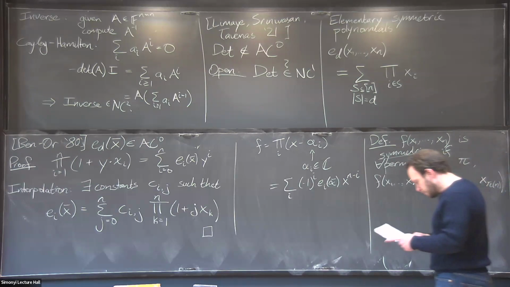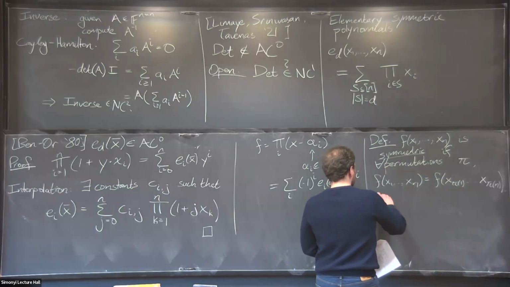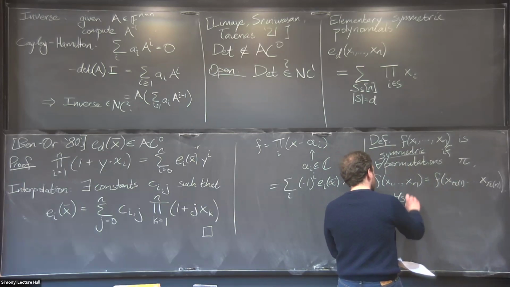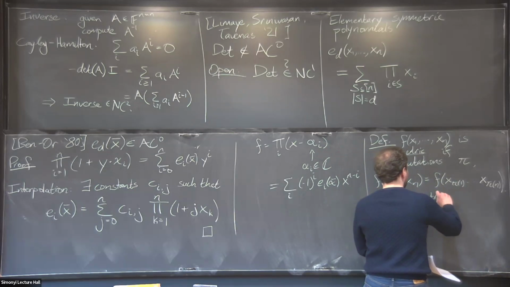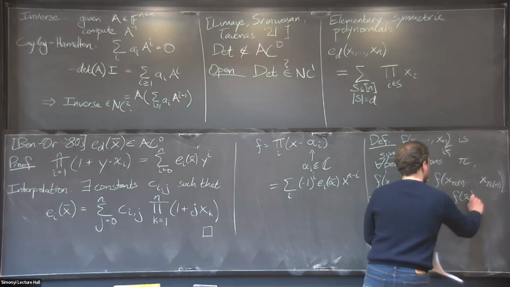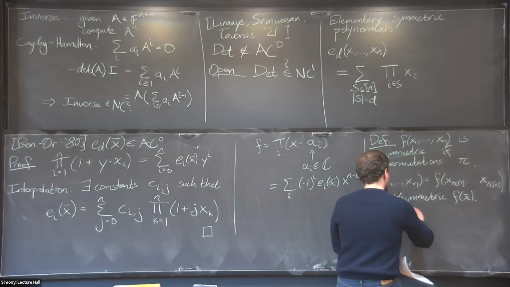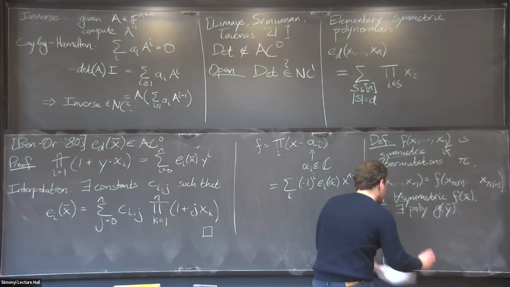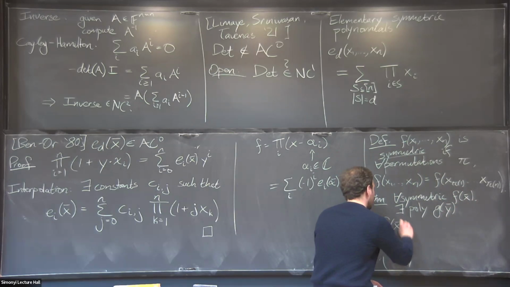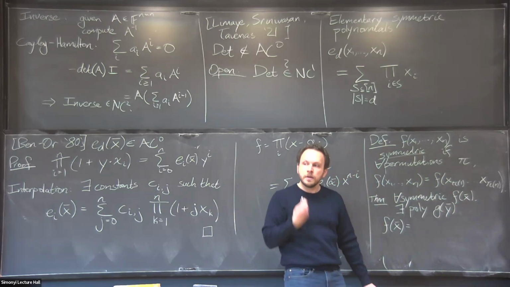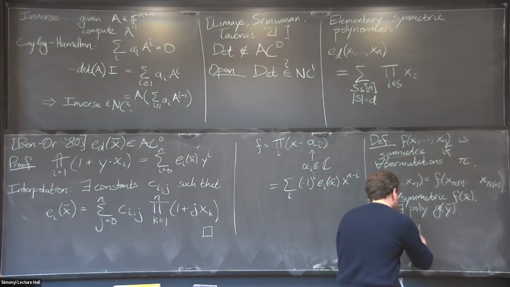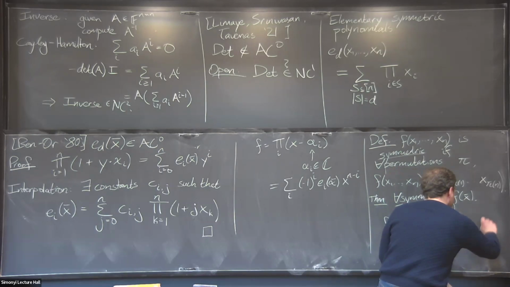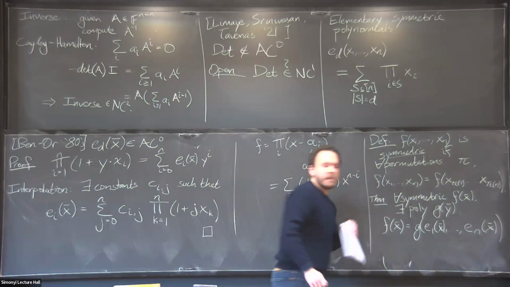They have some structure. And there's a theorem, which is sometimes called the fundamental theorem of symmetric polynomials. And what does it say? It says that for every symmetric polynomial f, there exists some polynomial g in n variables such that, if you take g and evaluate it at these elementary symmetric polynomials, you get back f.